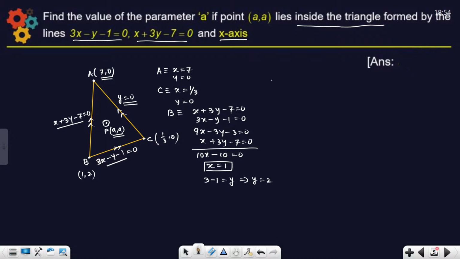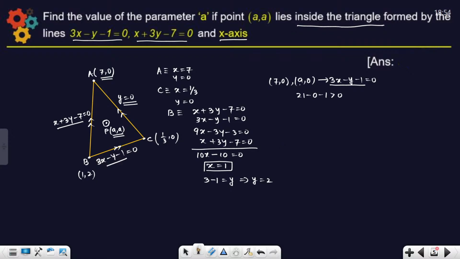That is, the points (7, 0) and (a, a) are lying on the same side of 3x minus y minus 1 equals 0. So if I put (7, 0) in this expression, we are going to have some value which is positive.